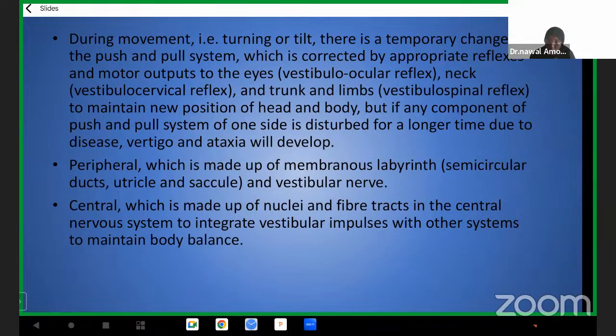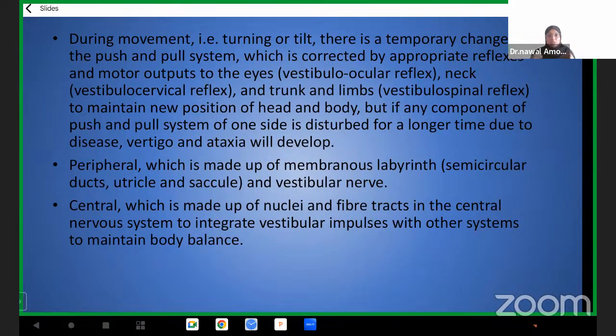That is known as the vestibulo-ocular reflex and the vestibulo-cervical reflex, and another reflex known as the vestibulo-spinal reflex. So imagine you tilt your head for about 10 seconds and then you stop. After some time, it comes to a neutral position. That is because of the three reflexes: vestibulo-ocular, vestibulo-cervical, and vestibulo-spinal, to maintain the new position of the head and body.